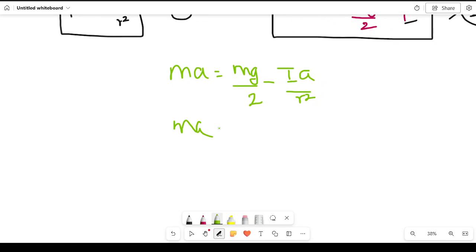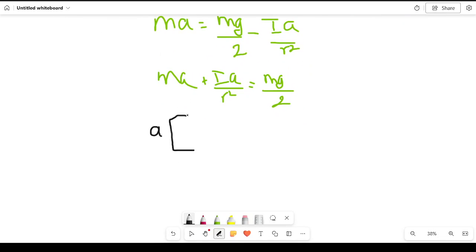So MA plus I a upon r square is equal to mg by 2. I may take the value of a common. If I take a common, I can say a times of m plus I by r square equals mg by 2.